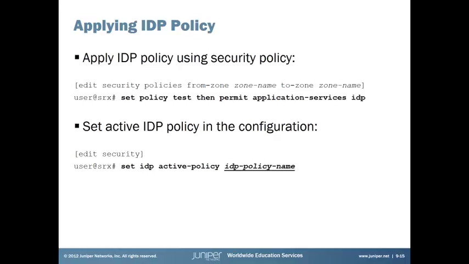By putting application-services idp after the term permit, you are invoking the IDP functionality to go live on that device. What that means is that traffic that is being permitted by that policy will now be evaluated by the IDP process on that device.